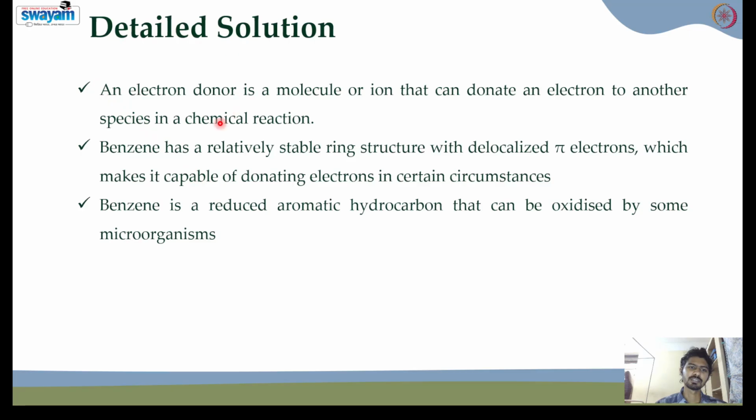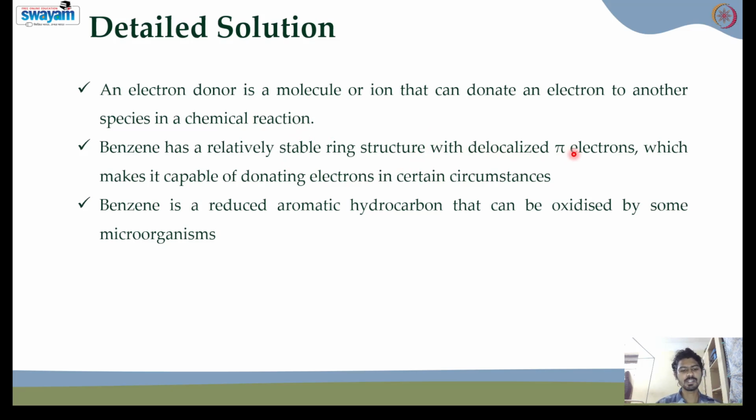First, what is an electron donor? It is nothing but any molecule or ion that can donate an electron to another molecule or ion in a chemical reaction, right? So what about the benzene ring structure? It has a stable ring structure with delocalized pi electrons, right?